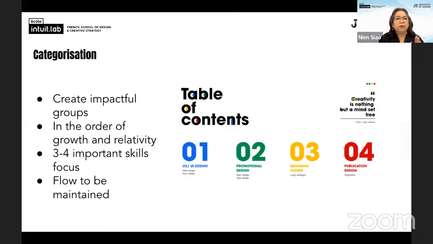And try to put in things which go from simpler to more complex. Make sure that they cover at least some important skills and try to maintain the flow. Again, this is a structure we are giving you, but you need to be sure that it doesn't become chaotic in terms of its structure.